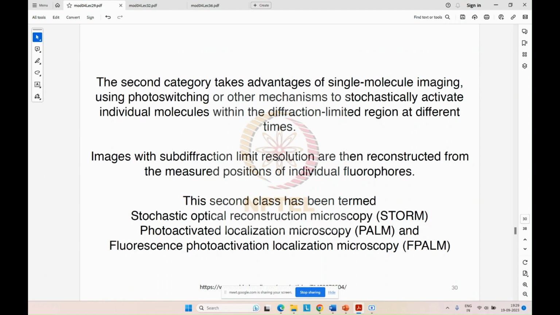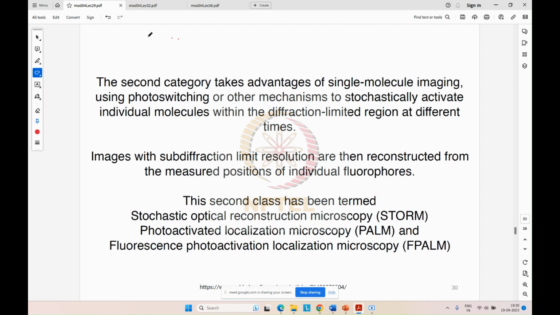This helps you to image one molecule at a time, even though they are present very close to each other. Say there are two points in your sample which are placed very close to each other, under the diffraction limit.